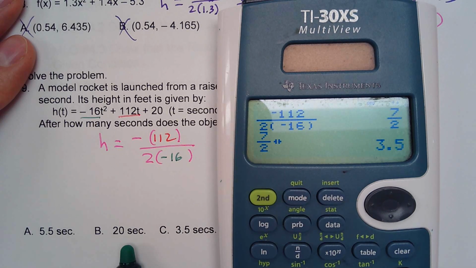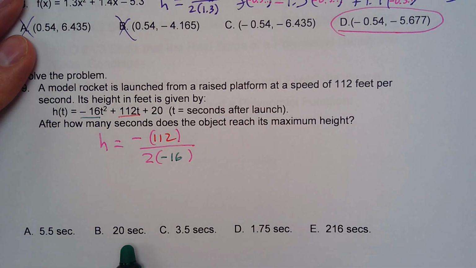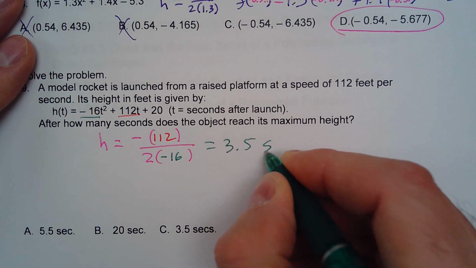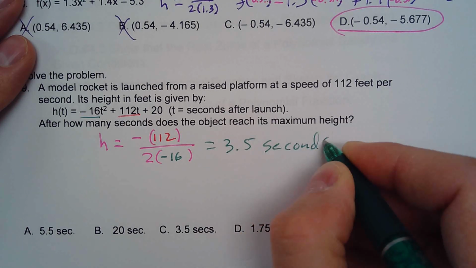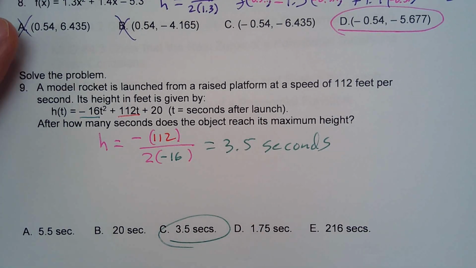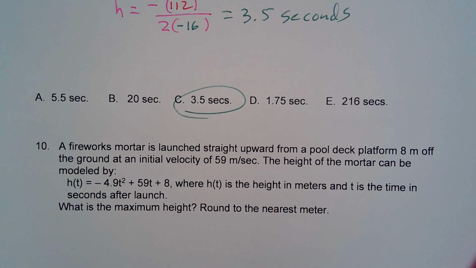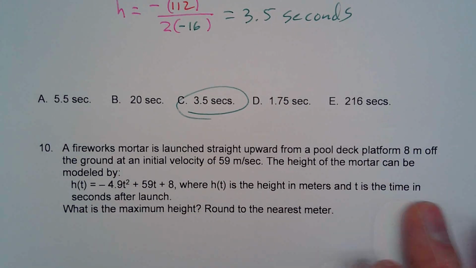And looks like they want a decimal, so it should be 3.5 seconds. So the answer choice is going to be C. I didn't have to find k here because they just asked me for the time.